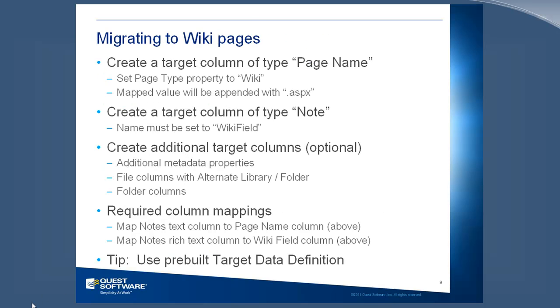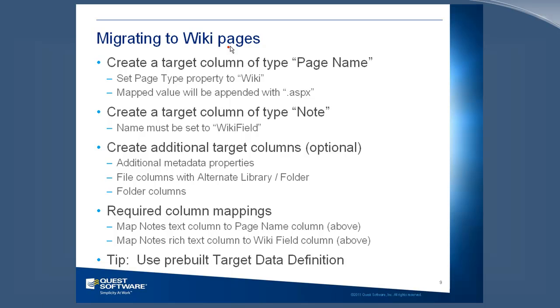So let's start with Wiki Pages. Wiki Pages, actually all of our pages, you start by creating a target column in your target data definition of type page name. And we call it page name because the thing you map to the page name is the piece of data that will control the name of the page that gets generated. So you map to page name and then you set a property for the page type.